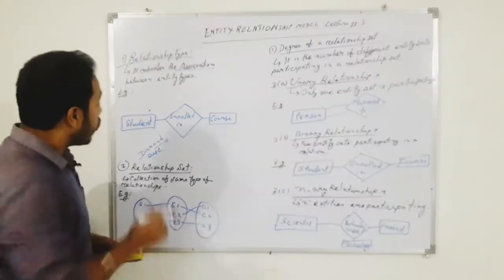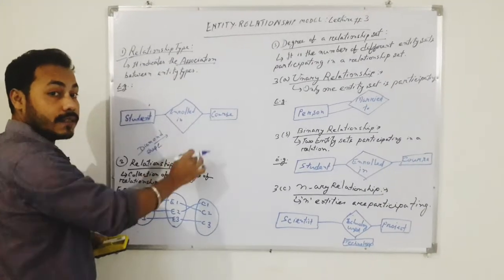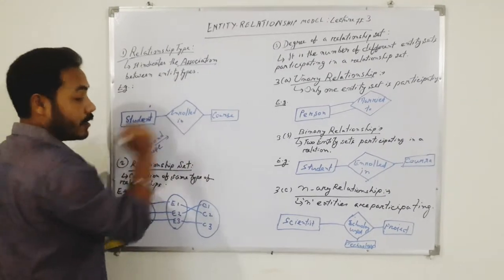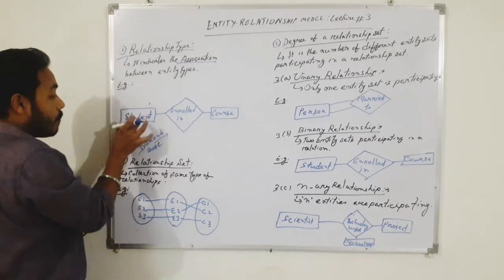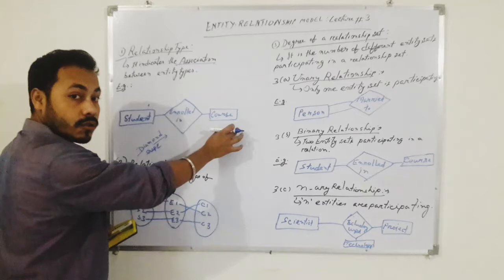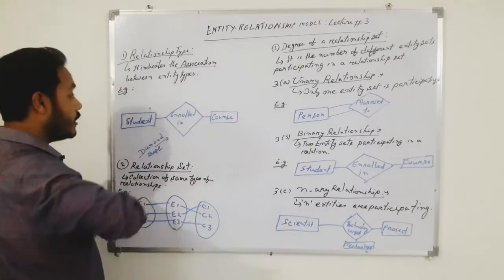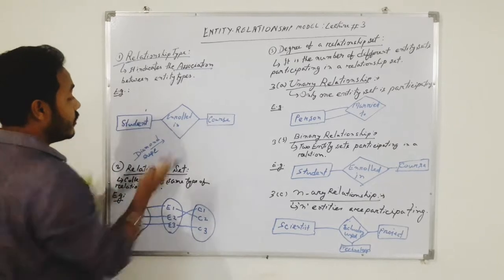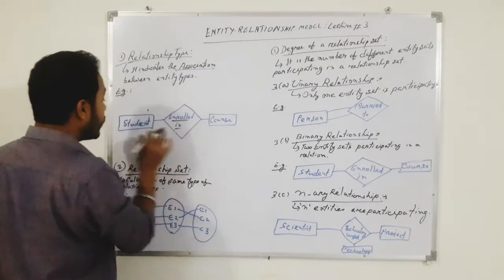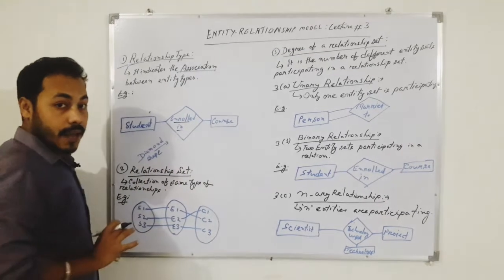What type of relationship may exist between these two entities is enrolled in. This means one particular student is enrolled in one particular course, isn't it? So we have enrolled in as a relationship between the student and course entity types.